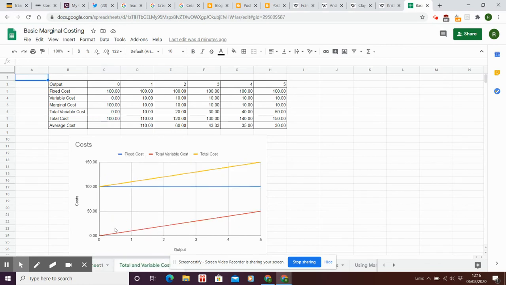So if you just have a look at the sort of diagram here, you've got your fixed costs, which do not change. They stay the same with each level of output. You've got your variable costs, and they increase by the same amount with each increase in output. And your total costs, if you can see here, you've got a nice parallel line for your total costs in yellow.